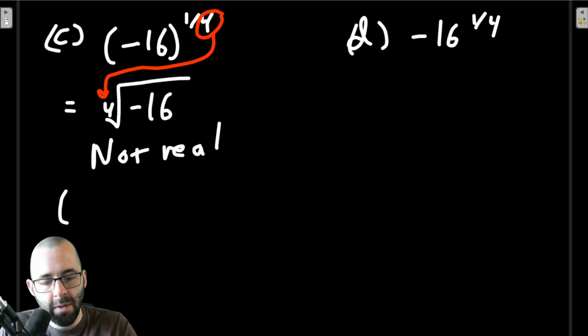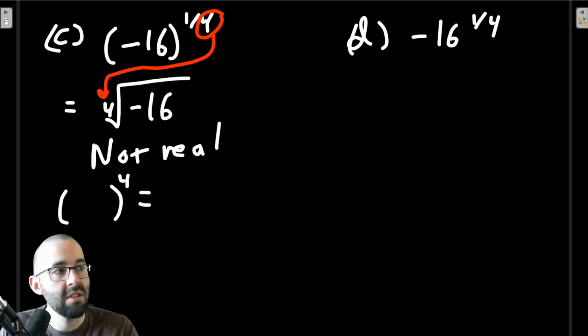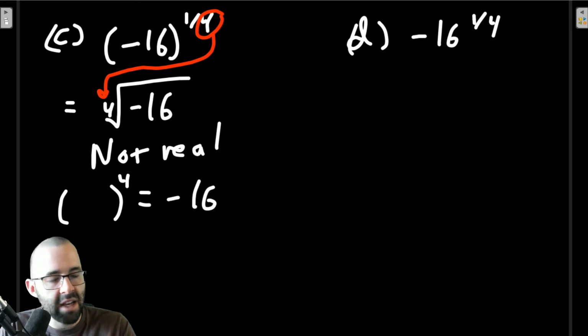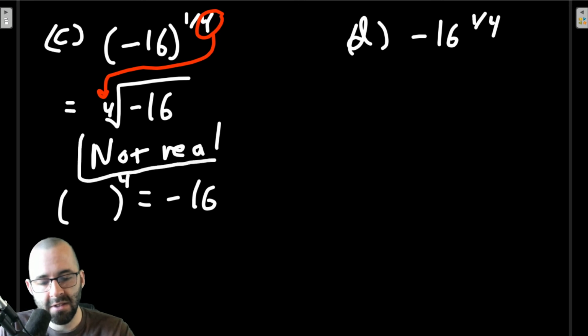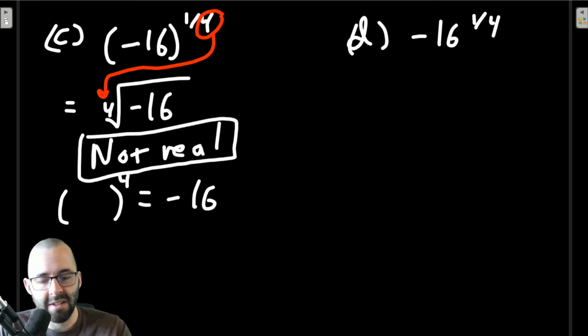If it equaled something, then what is that something to the 4th power? It had better equal negative 16. There are some numbers that make this true, but they are not real. Our answer for C is going to be not real. We'll worry about this complex answer later in section 8.8.